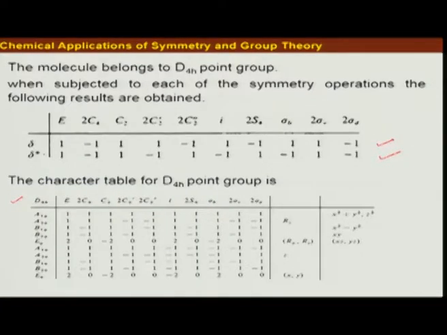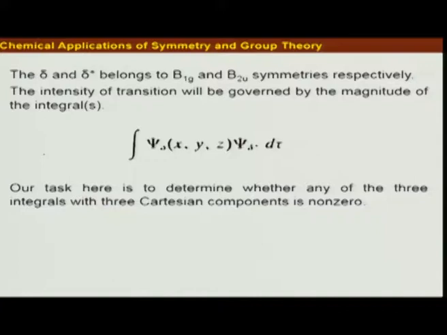That is given here. Delta belongs to B1g and delta star belongs to B2u symmetries. So, we have the irreducible representations of the two orbitals which form the HOMO and LUMO. Now we have to look at the transition moment integral.